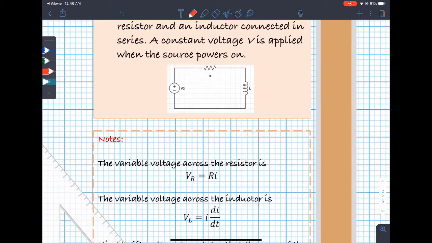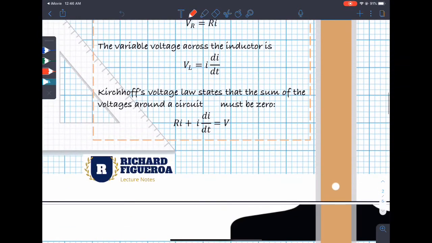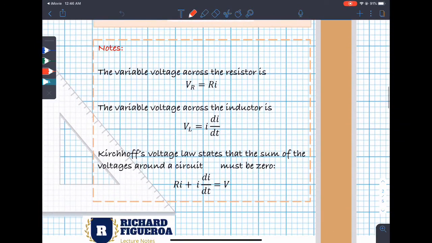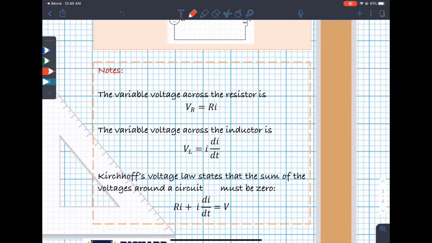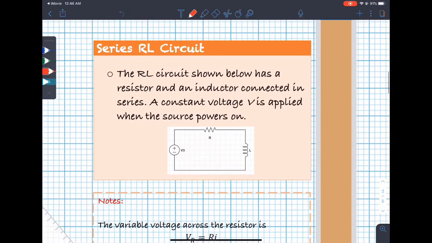And if it is an inductor, the voltage across the inductor would be L multiplied with the derivative of the current with respect to time. Using KVL, we arrive at the equation Ri plus L di over dt is equal to V. That is for series RL.